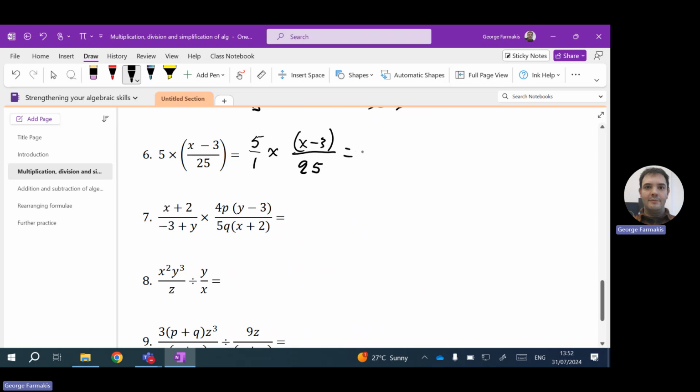So let's do numerators with numerator. So 5 times x minus 3 over 25. And again, here we see that we can simplify 5 with 25. We get a 5 here. So it's just x minus 3 over 5.